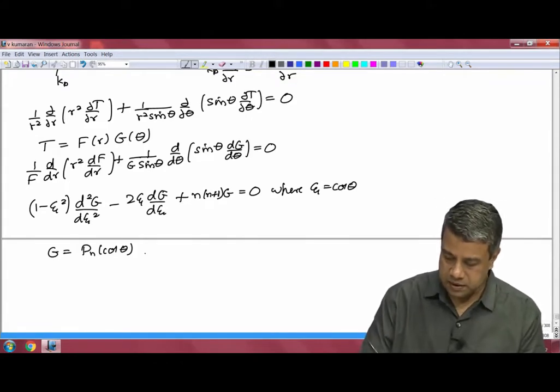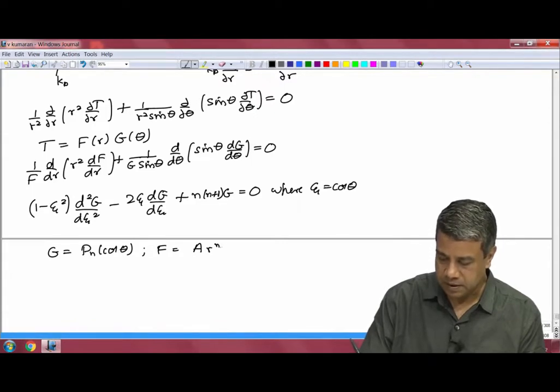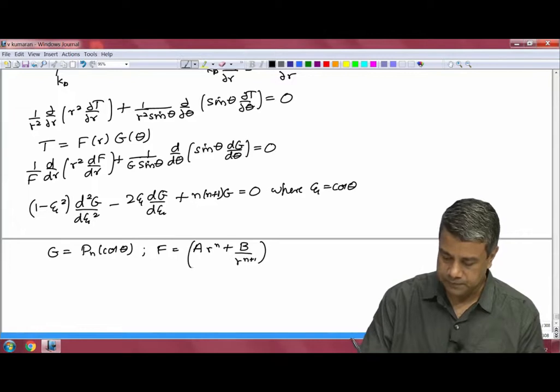And you substitute that same eigenfunction, and f is equal to a r power n plus b by r power n plus 1.